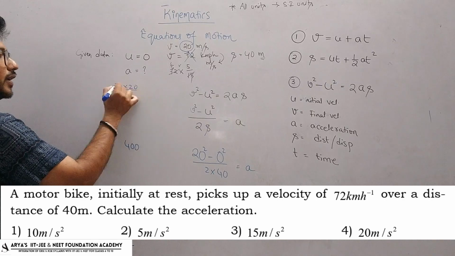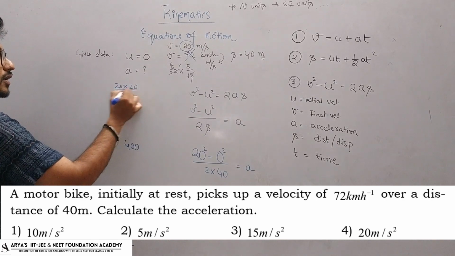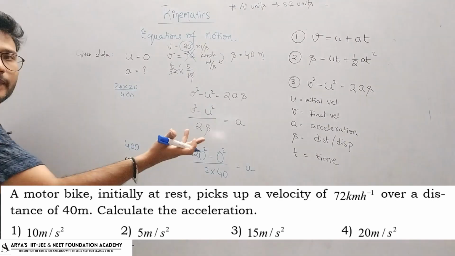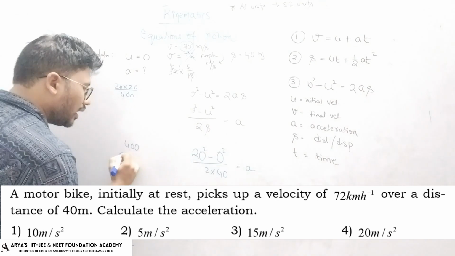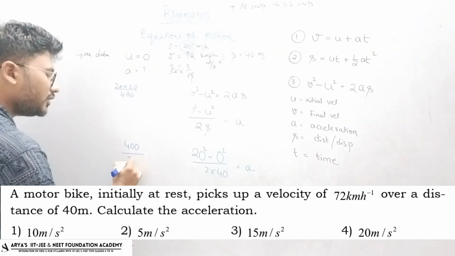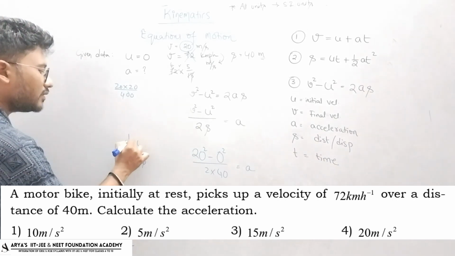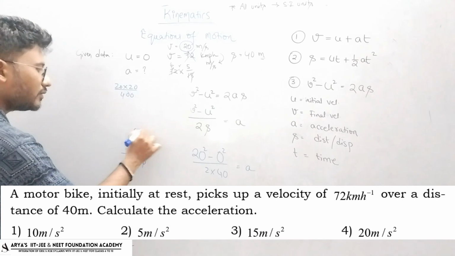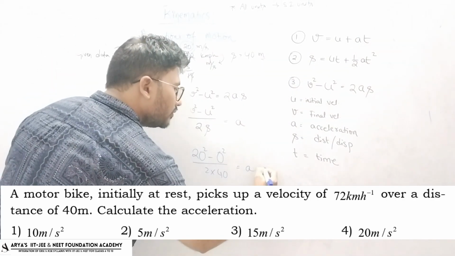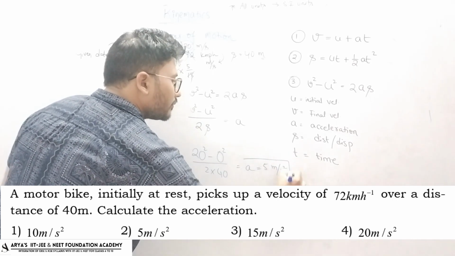Minus 0 square is minus 0 square only. Upon 2 into 40. How much? Or else you write 2 into 40 only. 0 0 gets cancelled. 4 1s, 4 10s, 2 1s, 2 5s. That's it. So at last what we got? A is equal to 5 meter per second square.